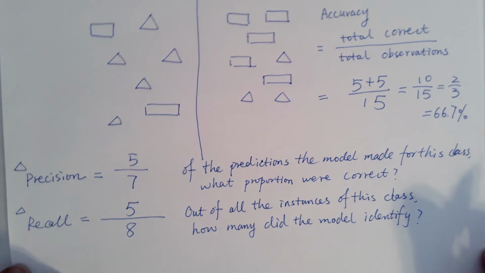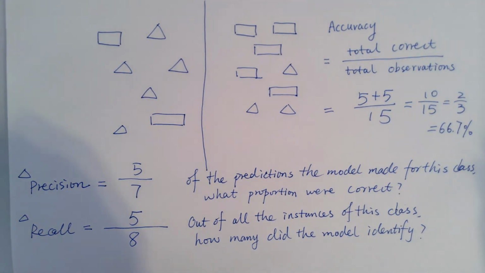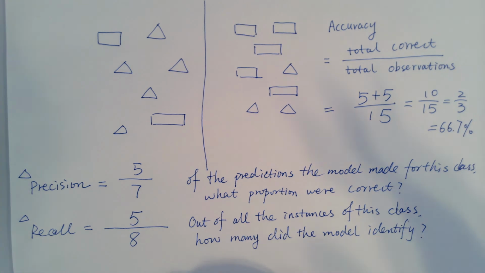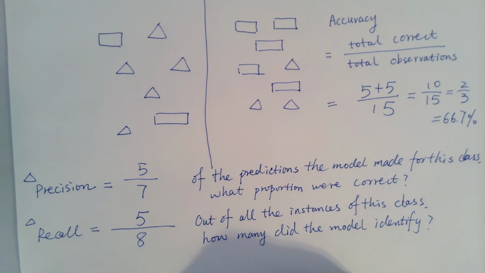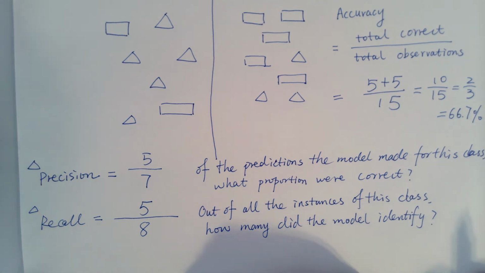That's the difference, right? Overall we have 8 triangles, but in our model, only 5 are identified correctly. So that's the recall. And as you can see, the precision and the recall counter each other.